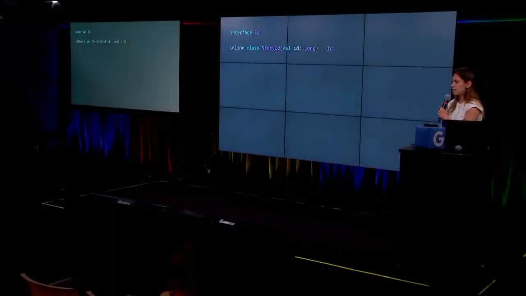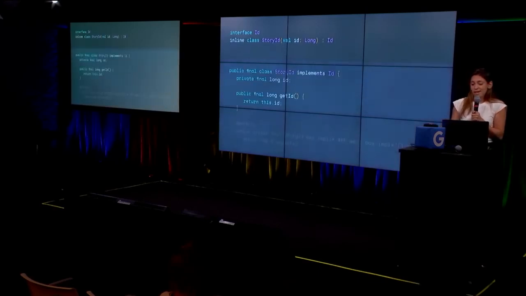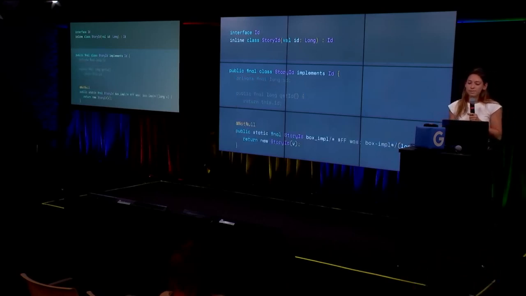So what's going on with inline classes? What's the magic behind them? Actually, they're just final classes, as most Kotlin classes, that implement that ID and hold the ID that we passed as a parameter. The difference is that it exposes the ID either as a long or as a boxed version, so you'll see that it exposes a story ID object.